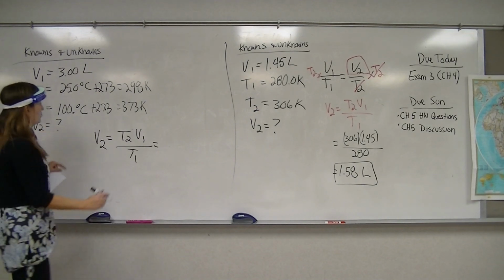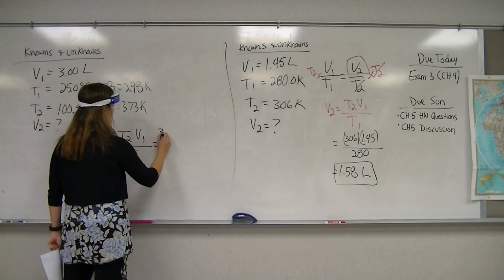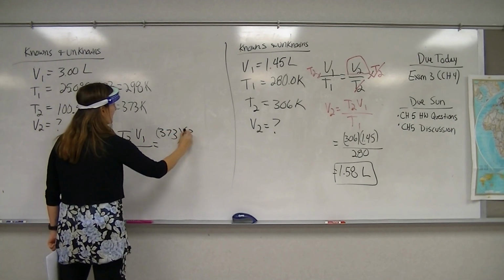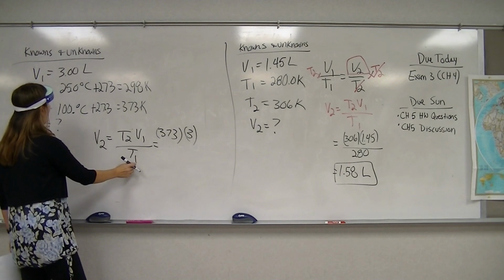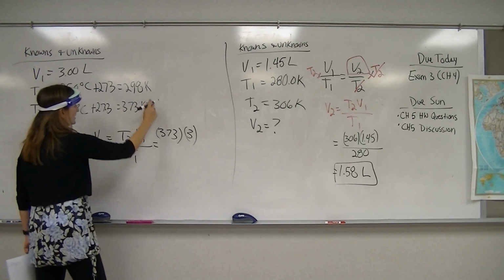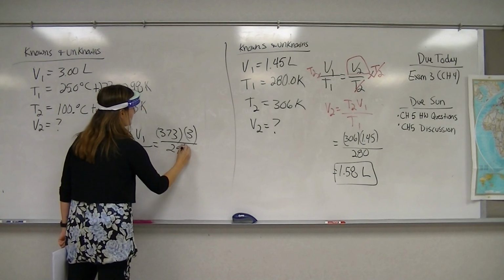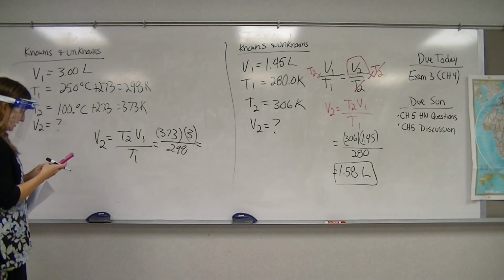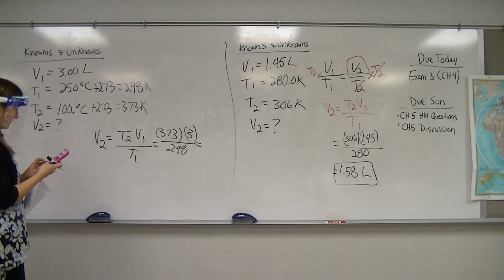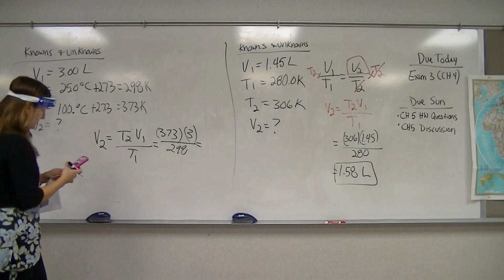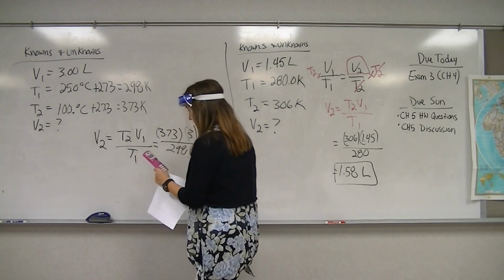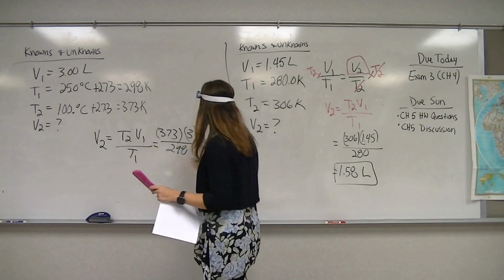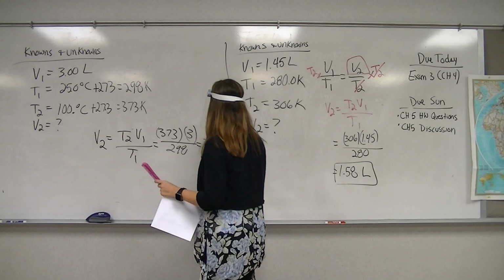So I have T2 is 373, V1 is 3 liters, and my T1 is 298. 373 times 3 divided by 298. 3 sig figs again, so 3.76 is the volume, and it's liters.